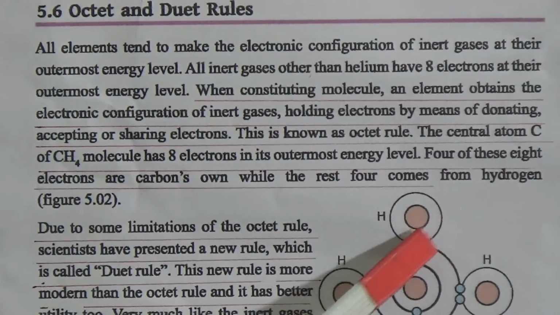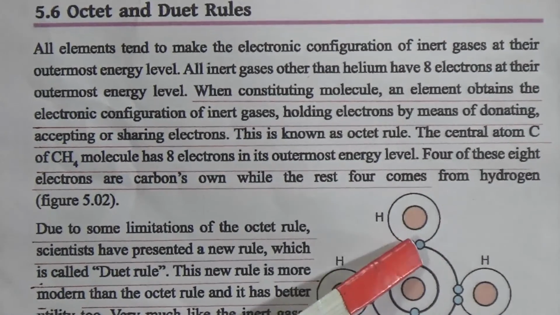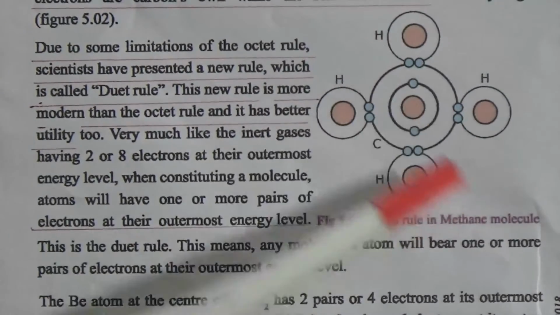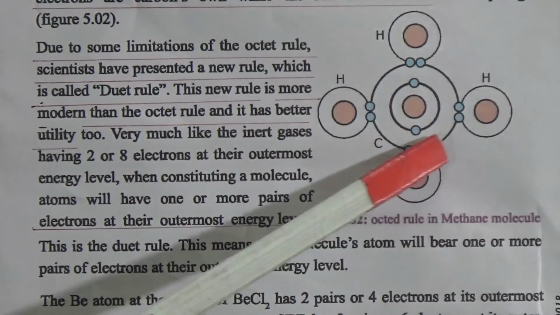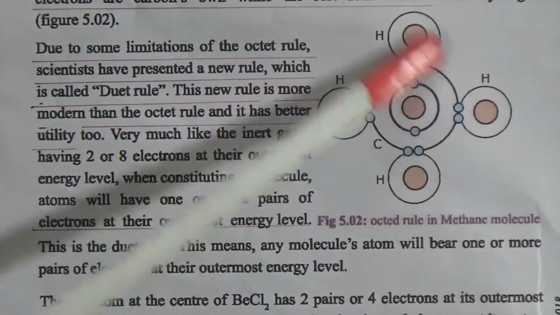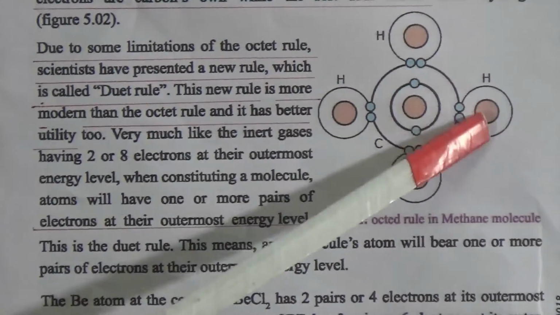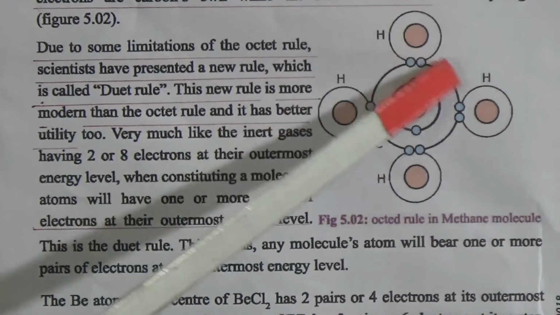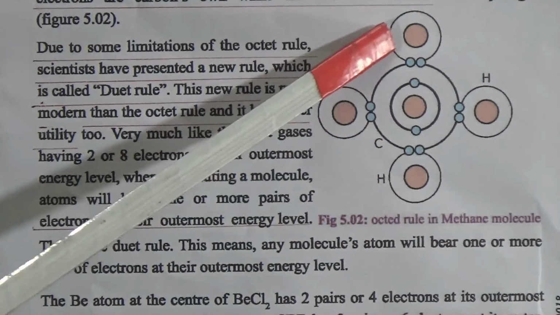Look, 1 electron here is from hydrogen, another is from carbon, and in the last orbital 4 electrons are of the carbon and the rest 4 electrons are of the hydrogen. And look, if you observe, the electrons stay in pairs, and that is known as the duet rule.